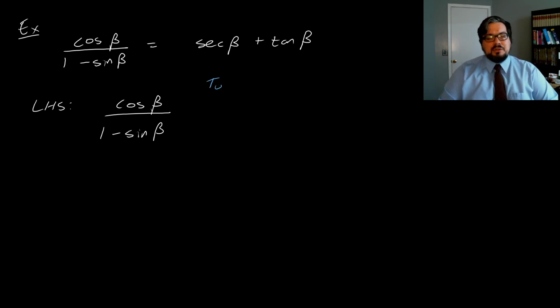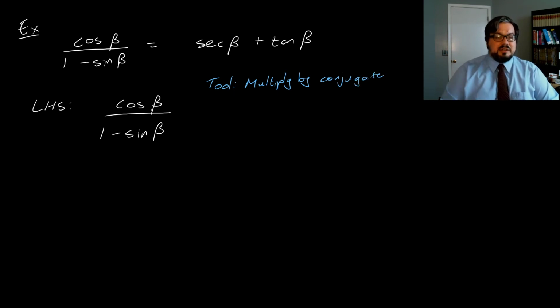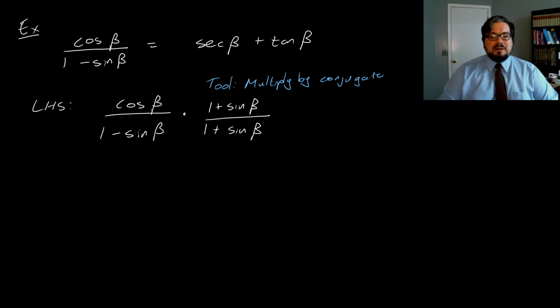So one tool that you have to work with that you can always try is to multiply by the conjugate. Now, the conjugate of an expression is that same expression, but with the middle operation switched. So, in this case, I will multiply the numerator and denominator by 1 plus sine of beta.